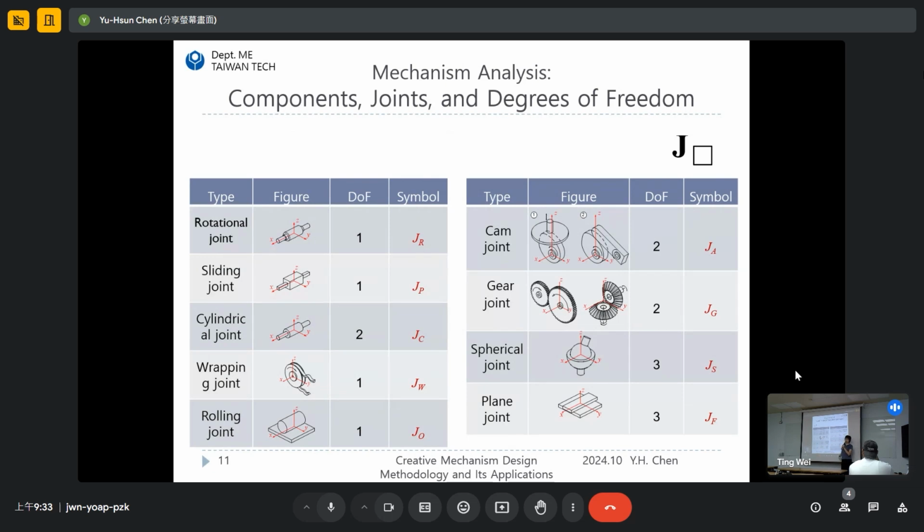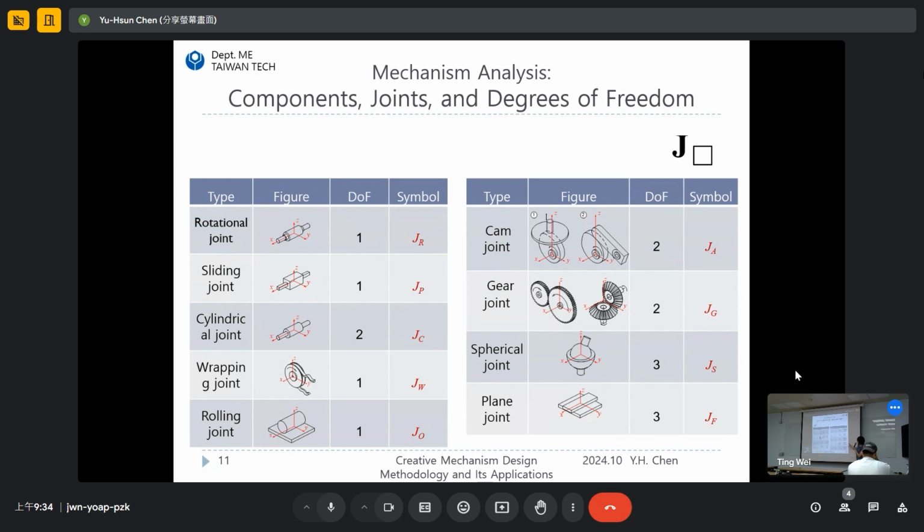Only 1 degree of freedom. Think about how we operate the door: to rotate it along the axis of the hinge, right? Only 1 degree of freedom. And still the same, the sliding joint. That is 1 axis along which we can make it move, so we define it as 1 degree of freedom.